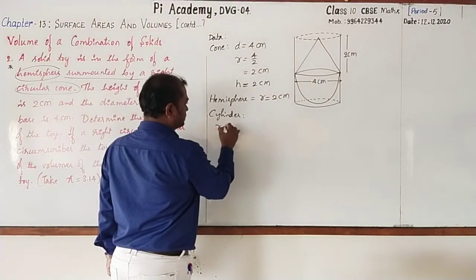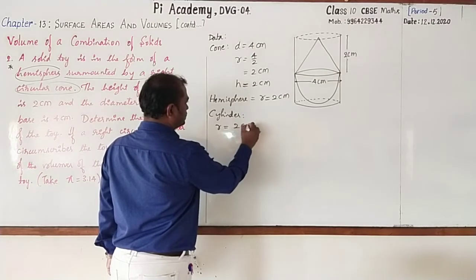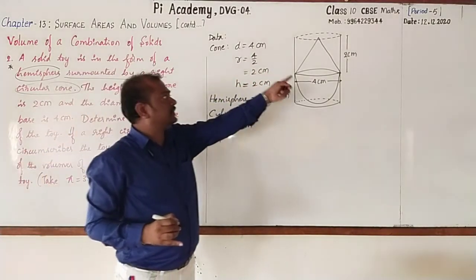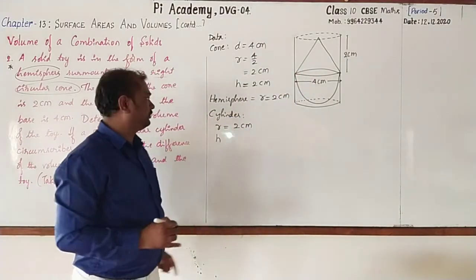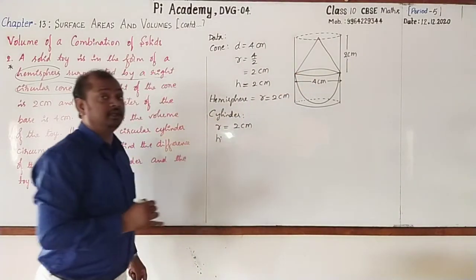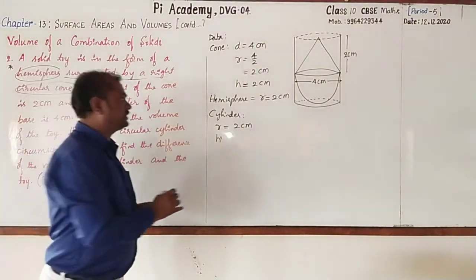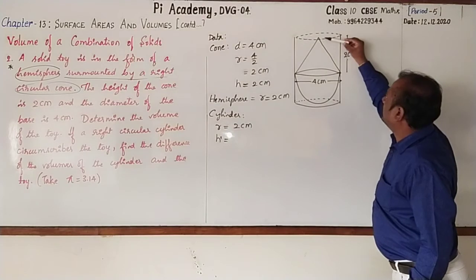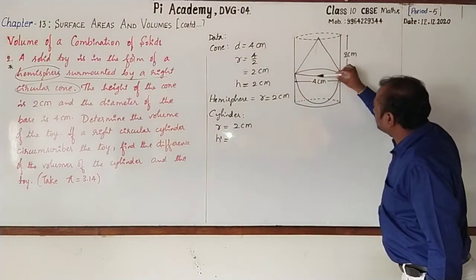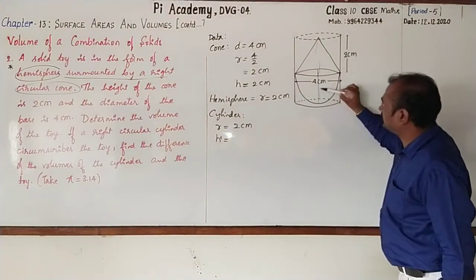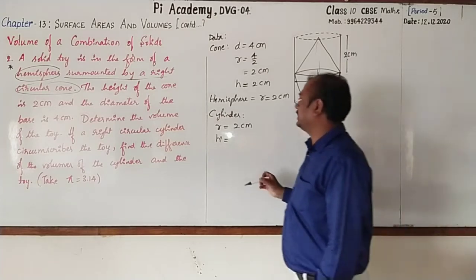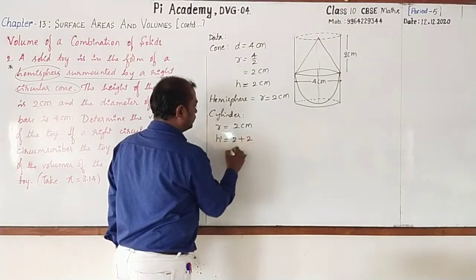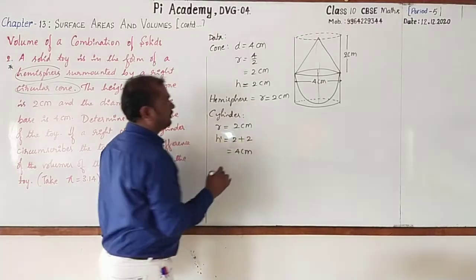Hence radius will also be the same, equal to 2 centimeter, whereas the height of the cylinder is different from the height of the cone. I take the height of the cylinder as h dash, which is equal to, how much is it? It includes the height of the cone plus, from here to here, the radius of the hemisphere. Yes, we can write 2 plus 2, it's equal to 4 centimeter.